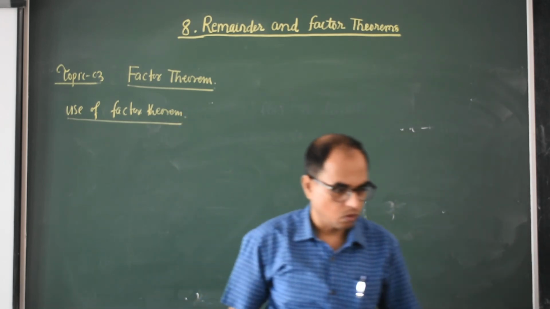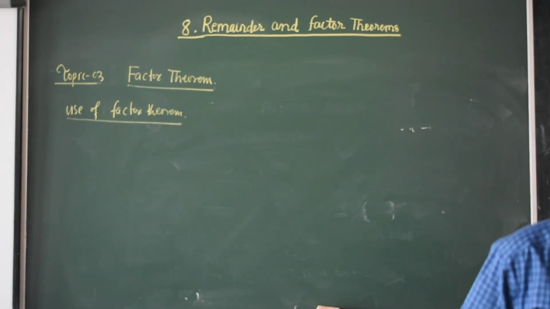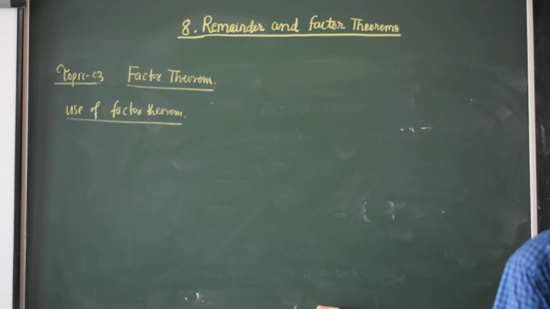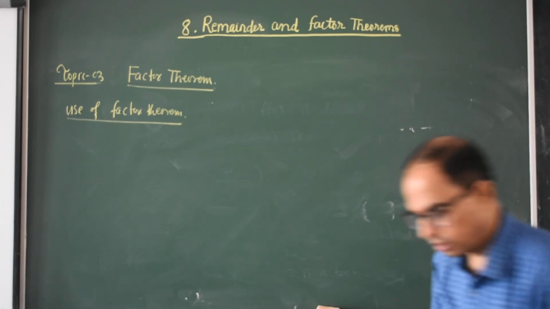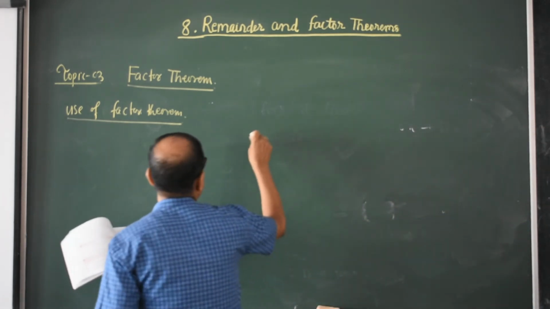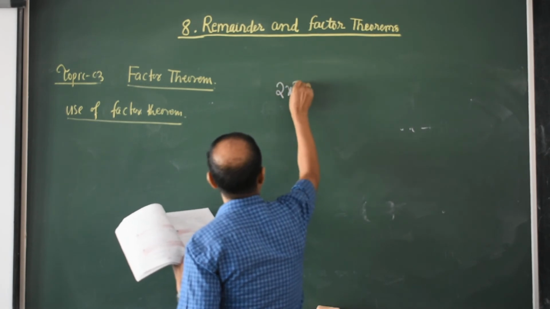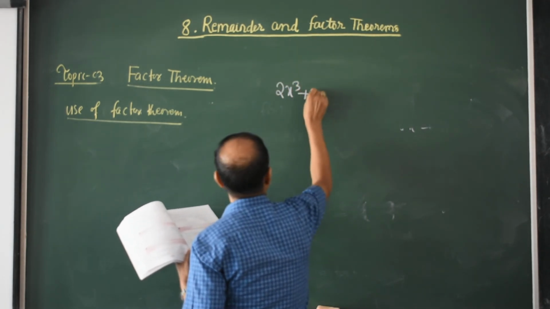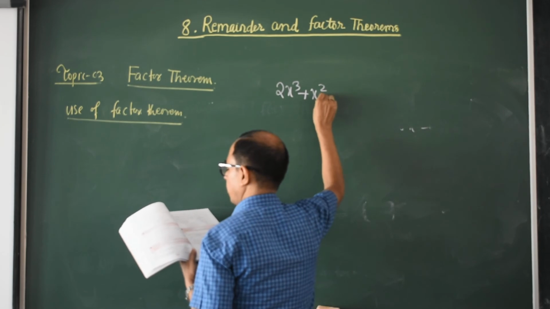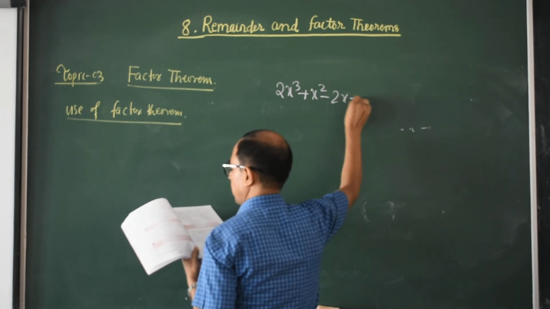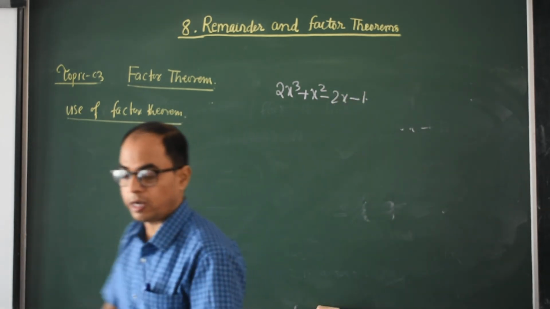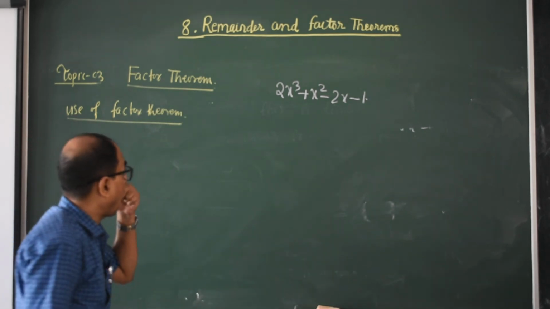Clear? So let us take one example. Suppose we have to factorize this one: 2x cube plus x square minus 2x minus 1.